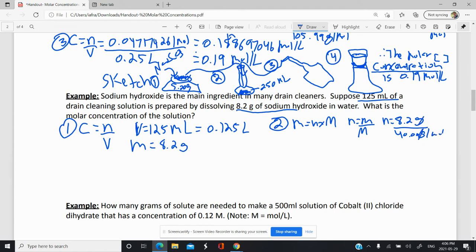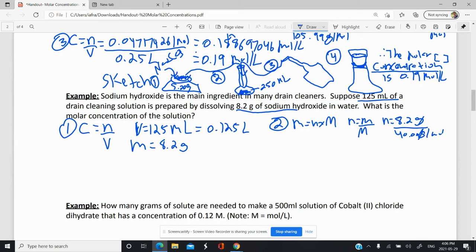Cancel out the grams there. Actually, I think I missed something. So 16 plus 1.01, I forgot the hydrogen, that's right, plus 22.99. Oh, that works out. I didn't forget the hydrogen.